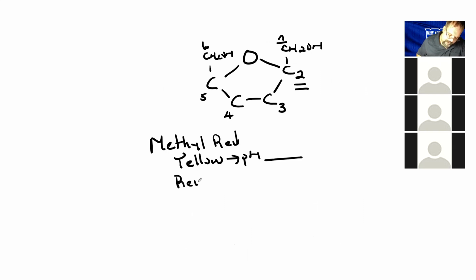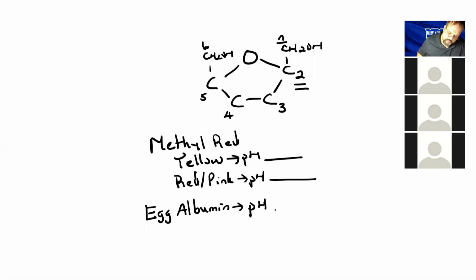When it turns red or pink, you have a different pH value. What you want to do is you also want to look at the lab, and they give you the isoelectric point of egg albumin, which corresponds to a pH. So in other words, when you add the methyl red to the egg, it's yellow. That means the pH is at a certain value.